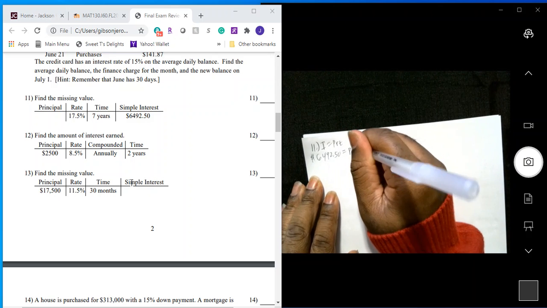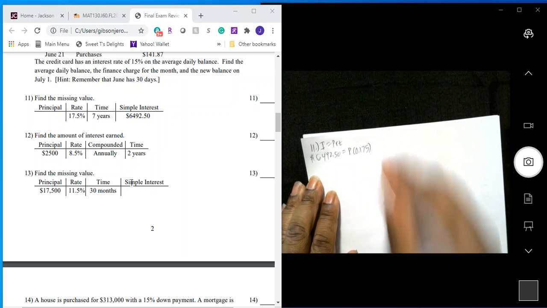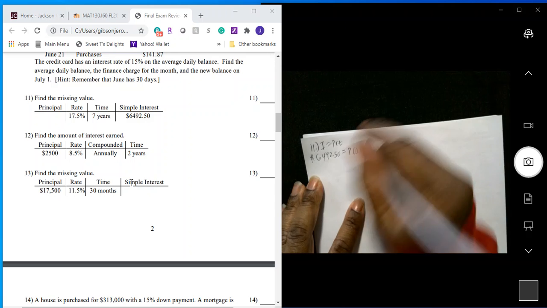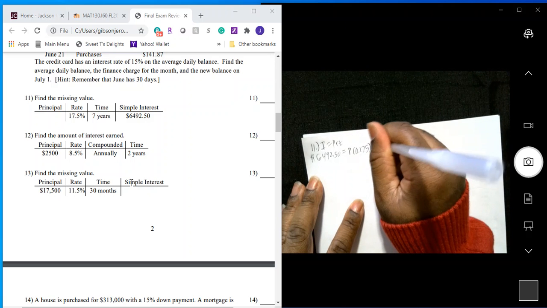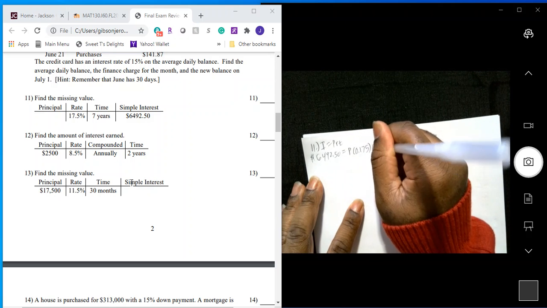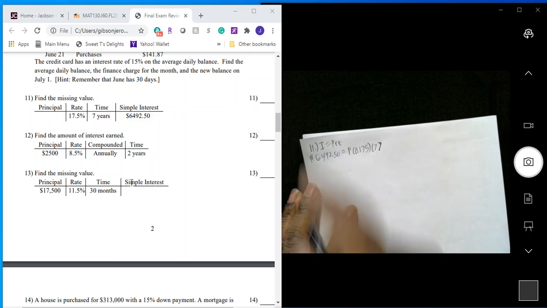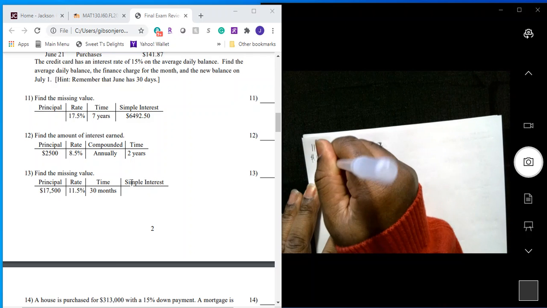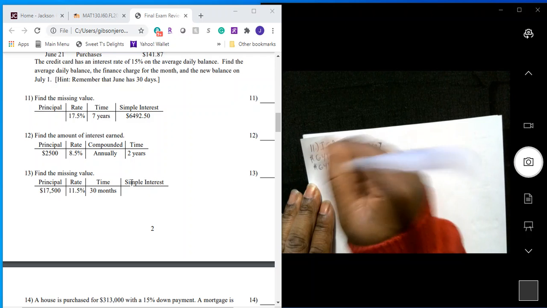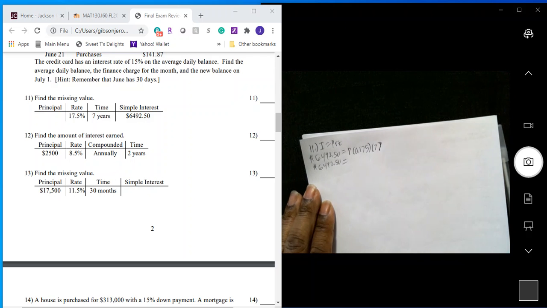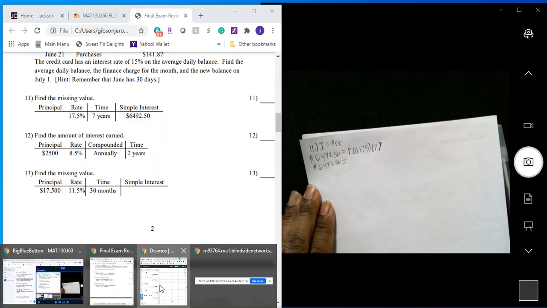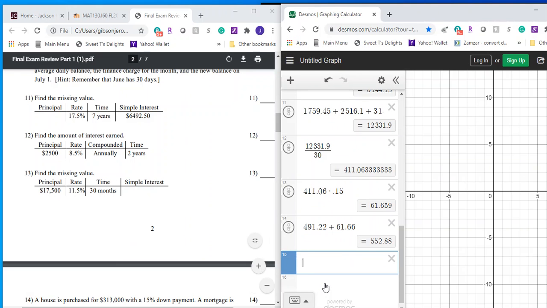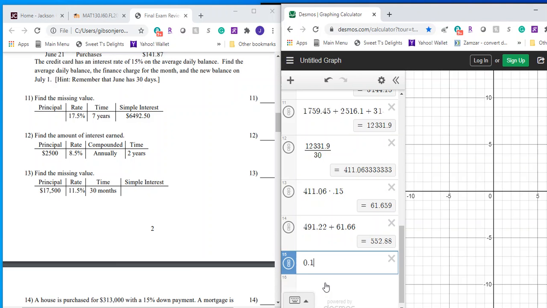Our rate is 0.175, which is 17.5%, and our time is 7 years. So now we have $6,492.50 equal to, we would take our calculator and multiply 0.175 times 7, which will give us 1.05 times P.